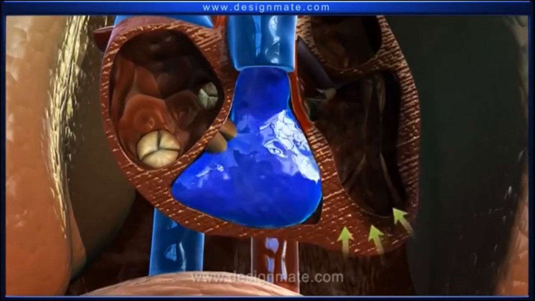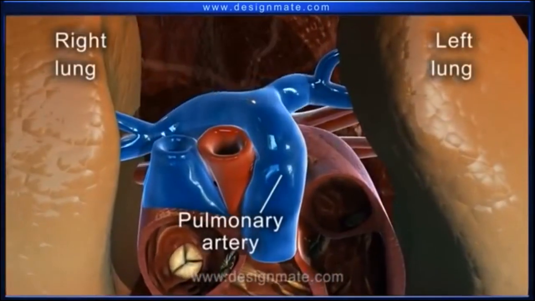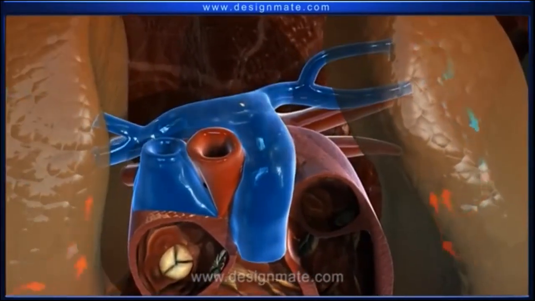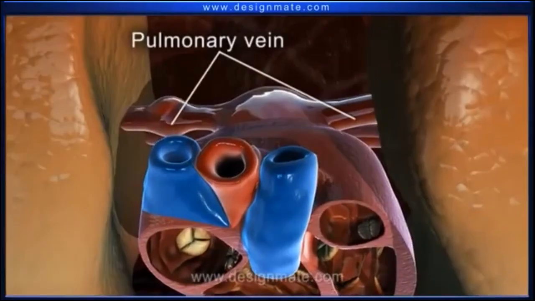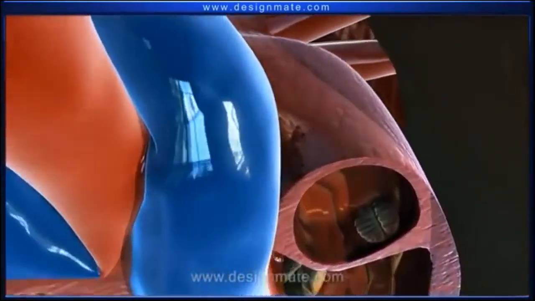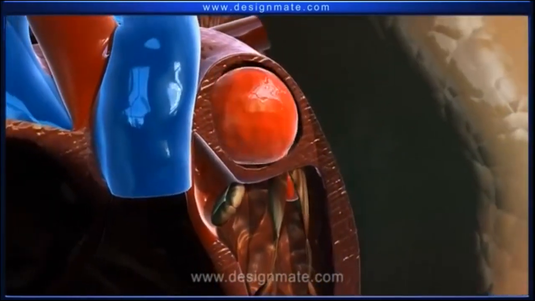This in turn contracts to push the blood into the pulmonary arteries, which carry the blood to the lungs. The pulmonary vein brings back oxygenated blood into the left atrium of the heart.